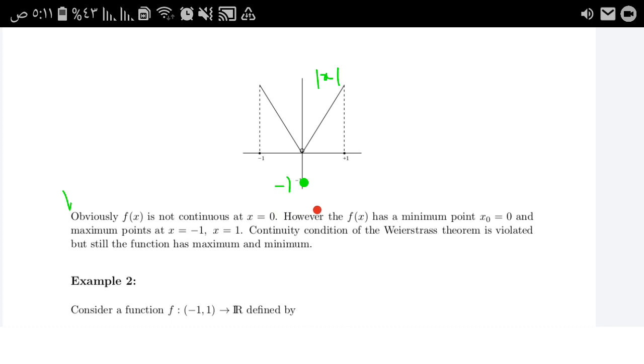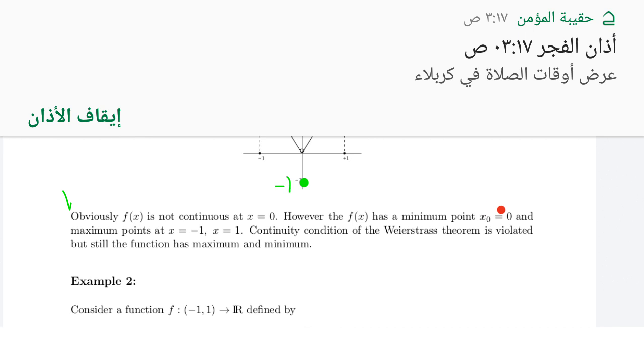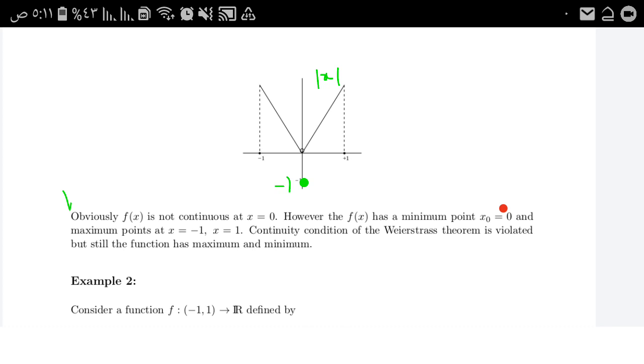However, the function f has a minimum point x0 equal to 0. This function has a minimum point at x0 equal to 0, and maximum points at x equal to -1 and x equal to 1.